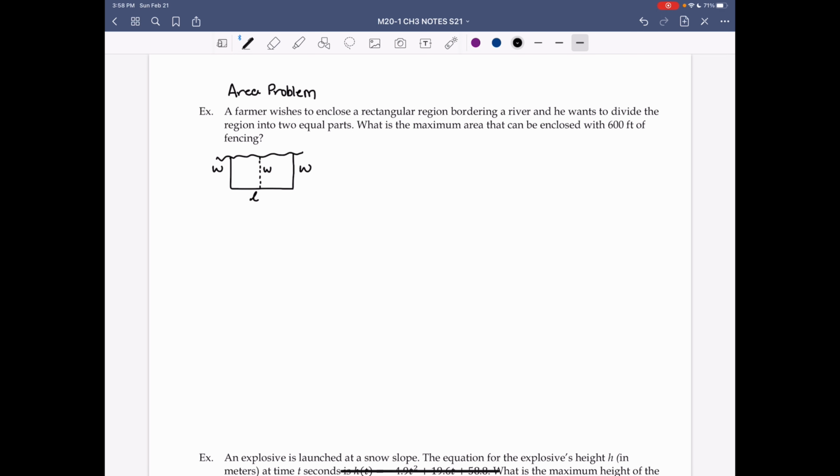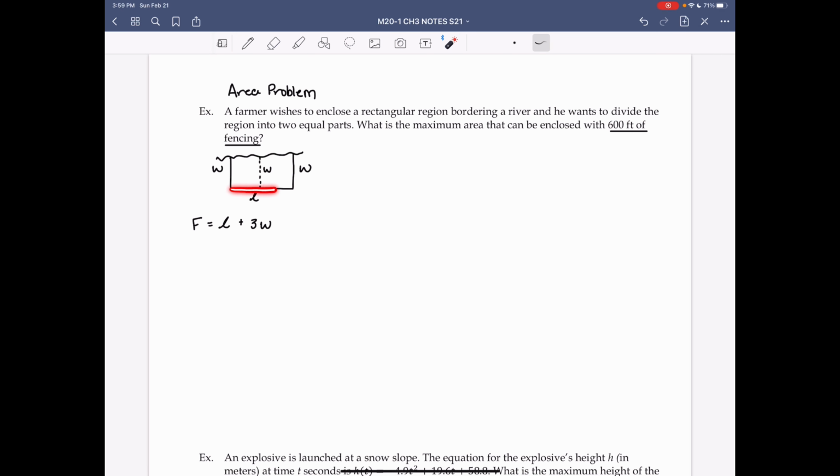What is the maximum area that can be enclosed with 600 feet of fencing? So we know that the farmer has 600 feet of fencing. This tells us that we're going to use 600 feet of fencing. So the amount of fencing would equal the length plus 3 widths, because these are all things that we need to fence.